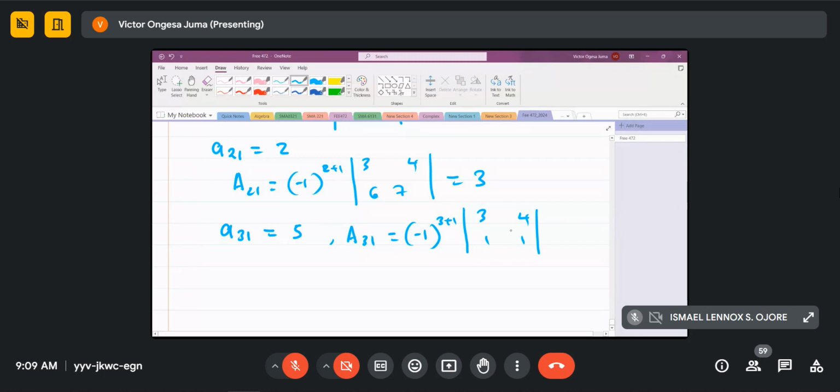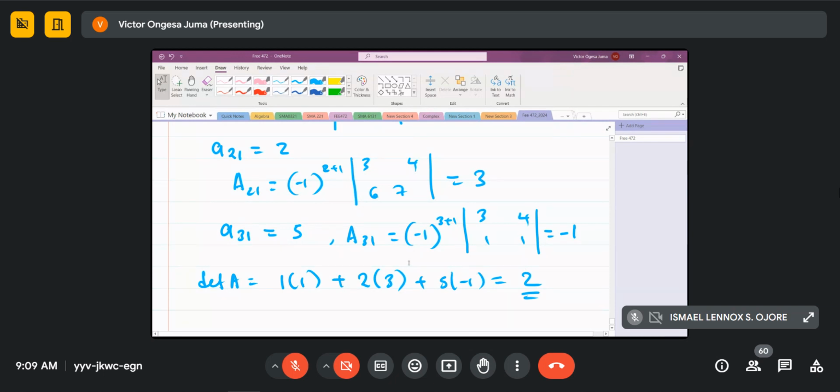So that gives us -1, and this is -1, correct? So we said that now the determinant of A is the same as you multiply each element: 1 multiplied by 1, plus 2 multiplied by 3, plus 5 multiplied by -1. And that gives us 2. Is it correct? Did we make a mistake anywhere?